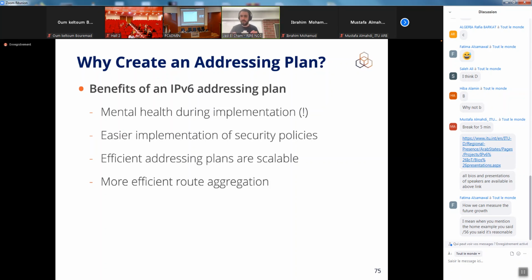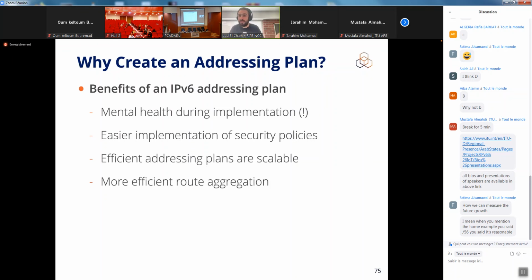Don't do this in IPv6. Be clean, tap into your OCD traits, have everything clear, hierarchical, organized, etc. It will be easier to implement. Your security implementation will be easier because now you have clear blocks of addresses and who is using these addresses, so you can enforce your security there.